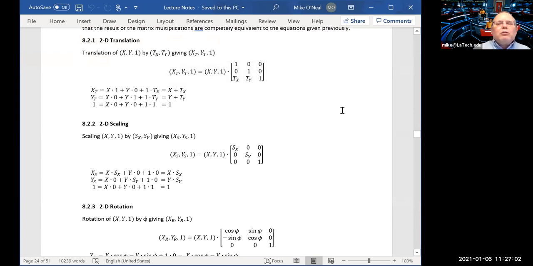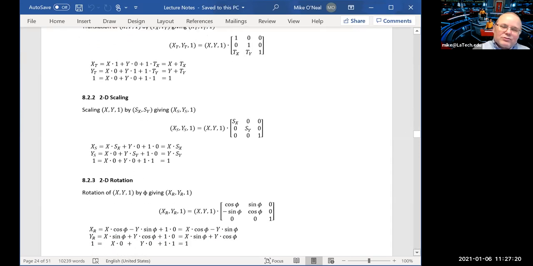You might say, why are you obsessed with 3 by 3 matrices? Well, if you make everything the same dimensionality, the same size, then you can always multiply these matrices together to get what are called composite matrices, and we'll talk about those in a little while.